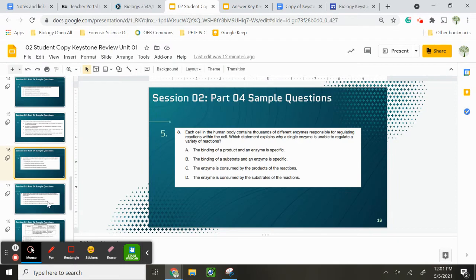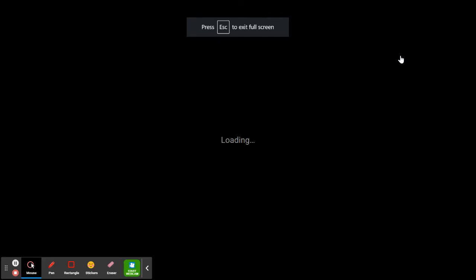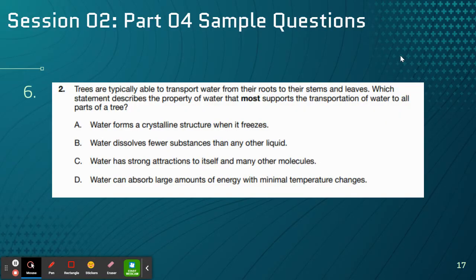Number 6. Trees are typically able to transport water from their roots to their stems and leaves. Which statement describes the property of water that most supports the transportation of water to all parts of the tree?